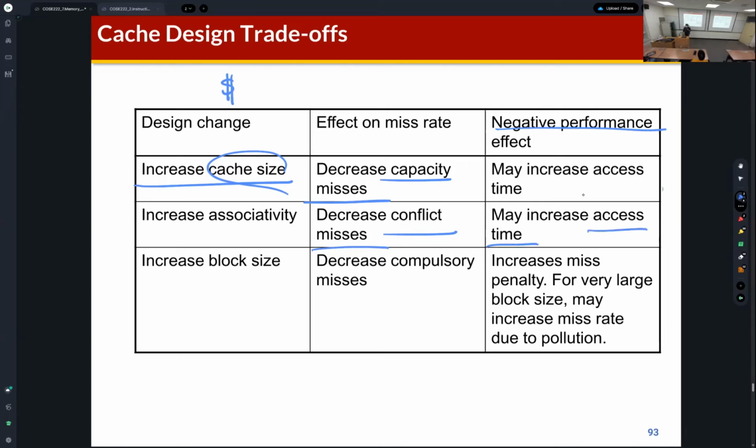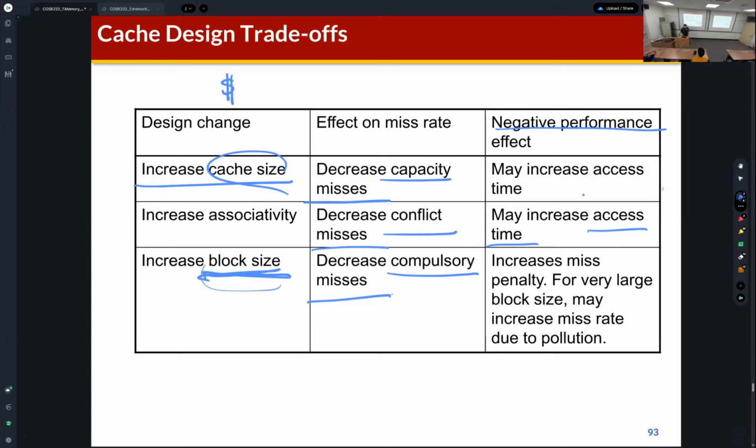Okay, and then if we increase the block size, then we can decrease the cold misses. Also, I posted the last homework assignment on Blackboard. The first homework question handles these cold misses.